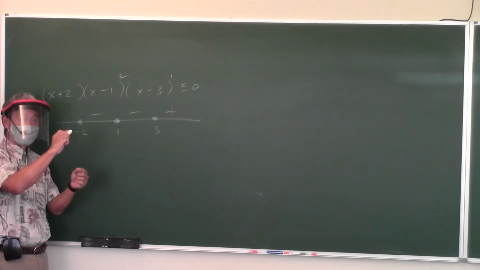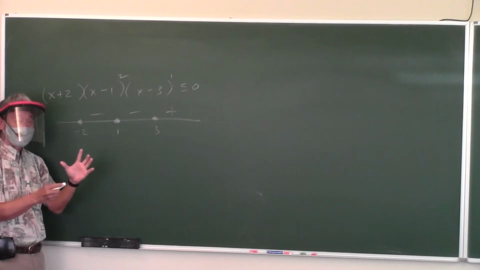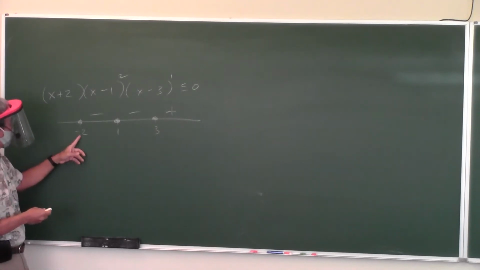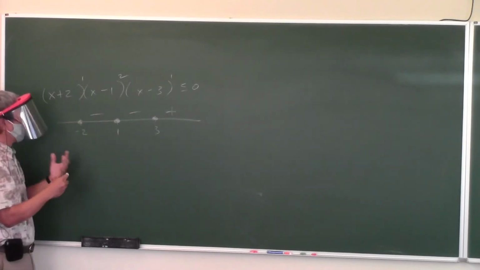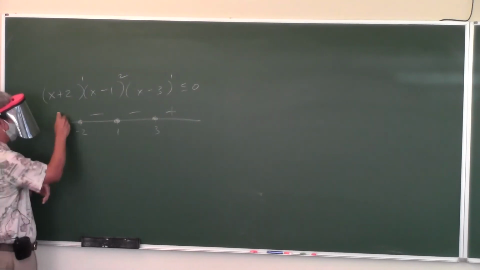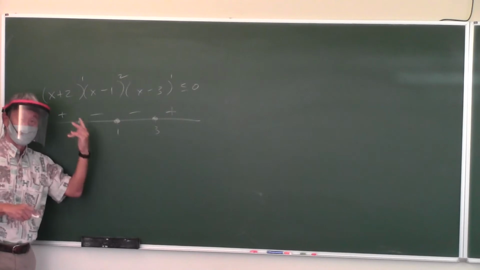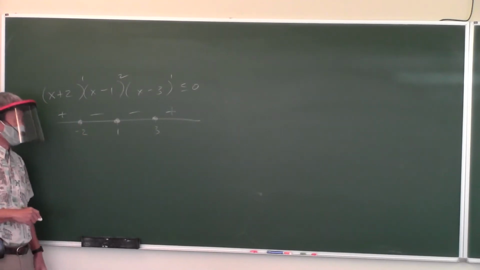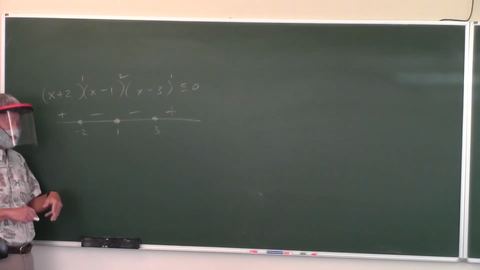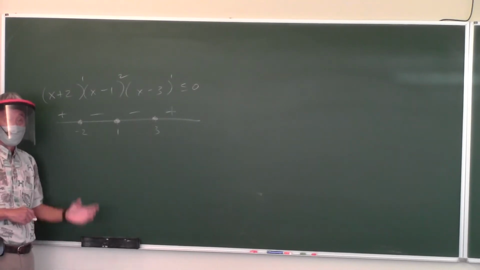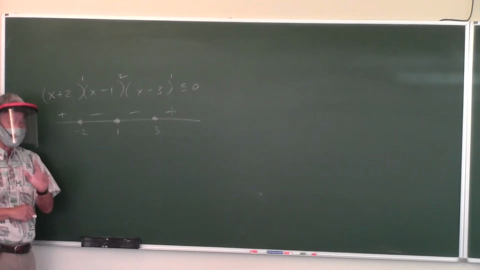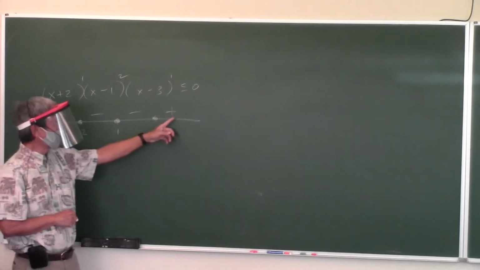And then over here, -2 came from this factor, which has an odd power, so therefore it's going to change sign because the graph goes through the x-axis. So the pattern is: odd power, change sign; even power, stay the same sign. But you got to figure out one of them before you start. I always like to do this one.